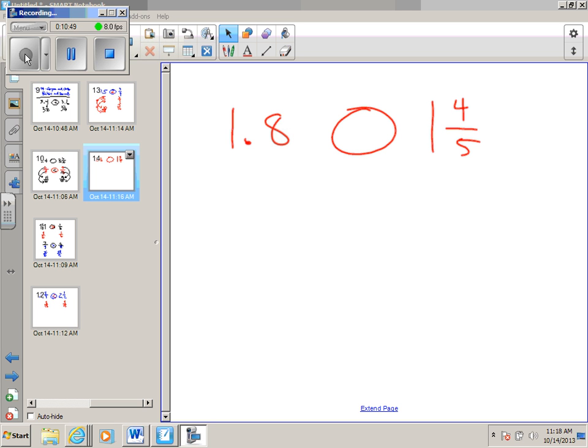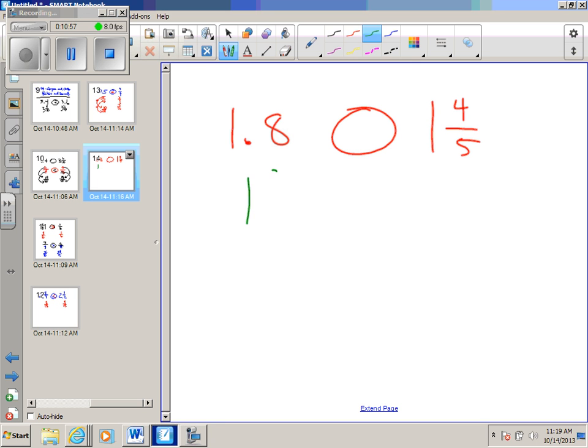Decimal to a fraction. Now you do realize that if you take the decimal and you put it into a fraction, that you're going to have to do what else? If I decide to use this, which is okay, what other step am I going to have to take? I have to get them into common denominators.